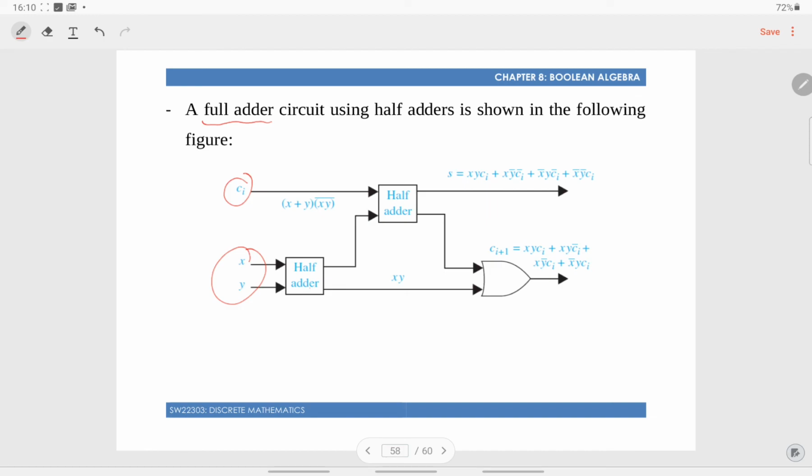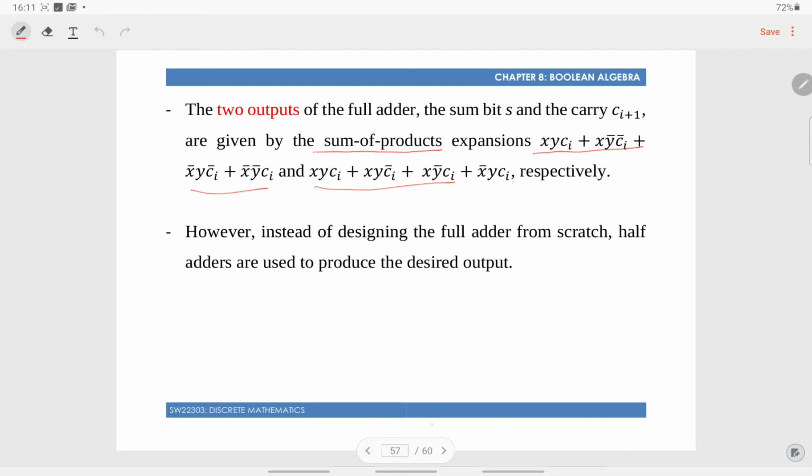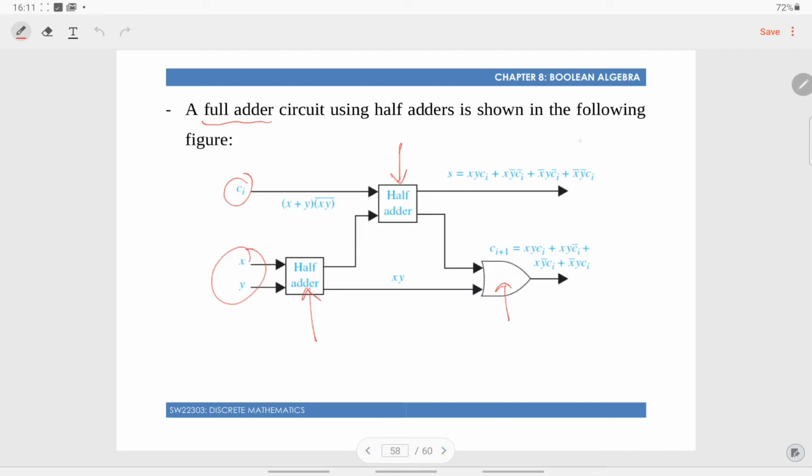So we can use the existing half adder, just put it here, to combine together with other Boolean operators, and finally we can come out with the full adder to represent the full output for the given table. This is the first output, which is the sum bit, and this is another output, the new carry bit. Previously it is ci, so for the new carry bit it is ci+1.